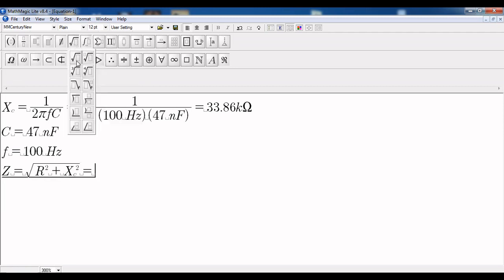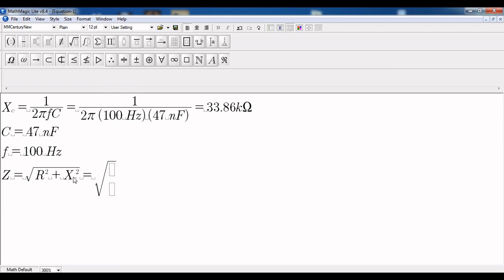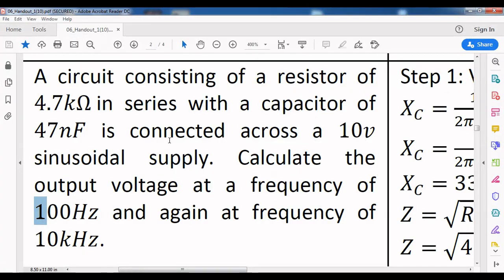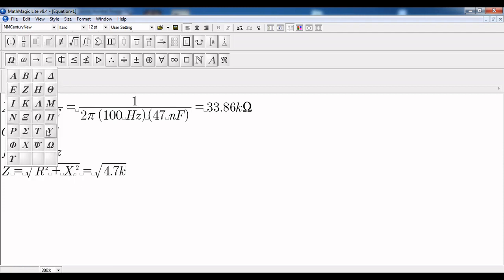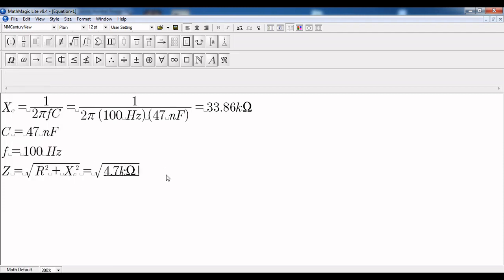substituting the given. By the way, our R, I forgot. Let me just get our R is 4.7 kilo ohms as stated here. So let's put that. 4.7 kilo ohms plus the answer that we got here a while ago.